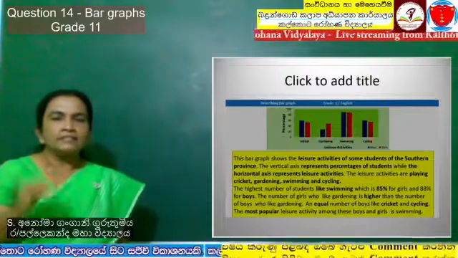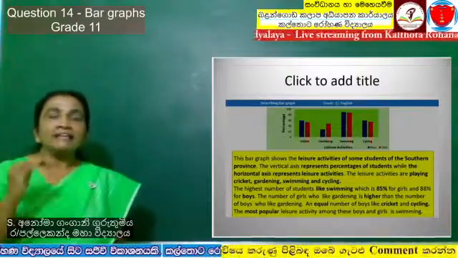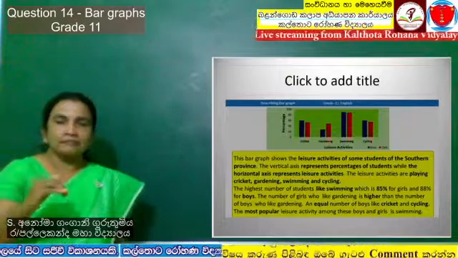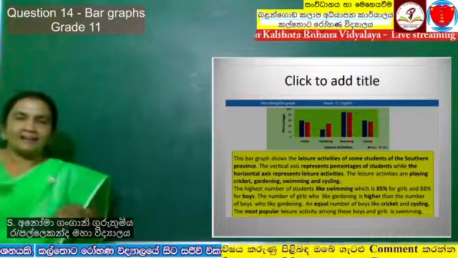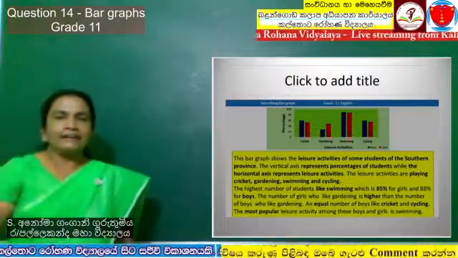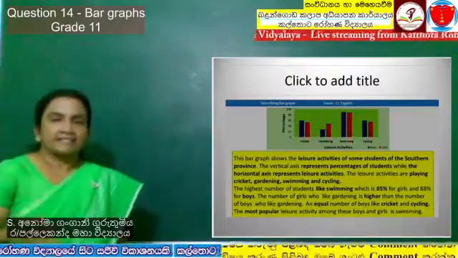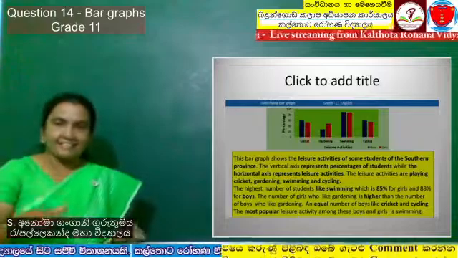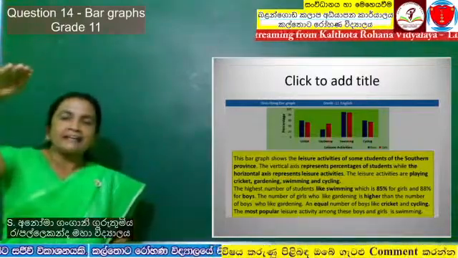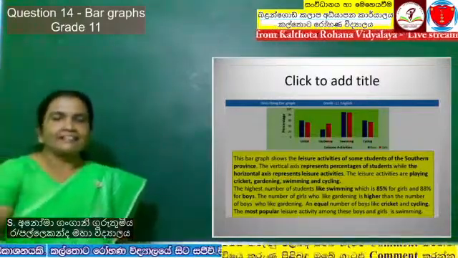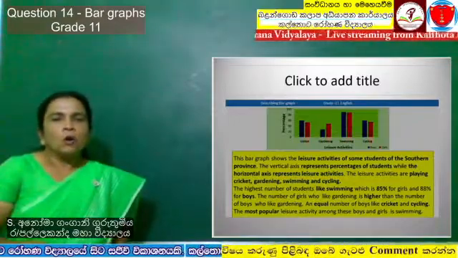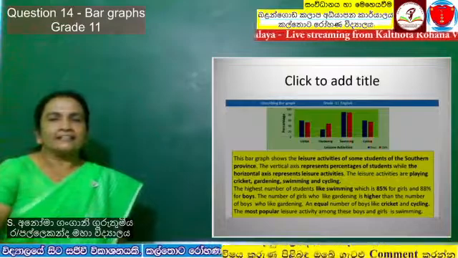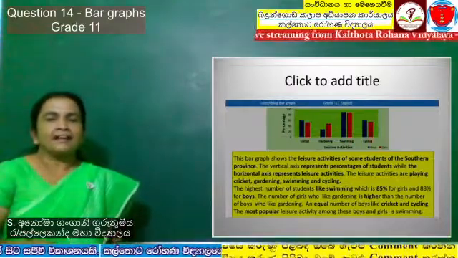The number of girls who like gardening is higher than the number of boys who like gardening. It's a comparison, and the higher one is girls, right? Boys like gardening less.